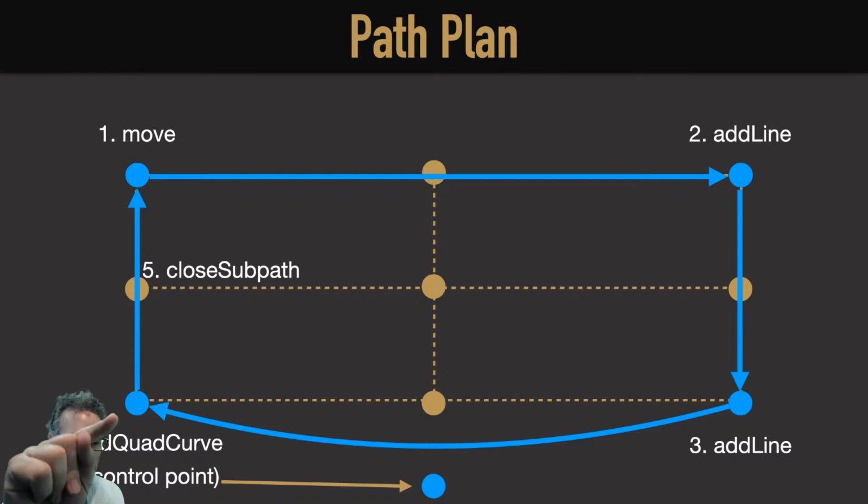Step 3 is we're going to draw a line going down. And again, that point right there where number 3 is, that is max x and max y, that corner right there. And then from there, we're going to use a special function. And these are all functions off the path: path.move, path.addLine, and then number 4 is path.addQuadCurve. The thing I like about quad curve is that when you draw a curve, you only need to define 2 points.